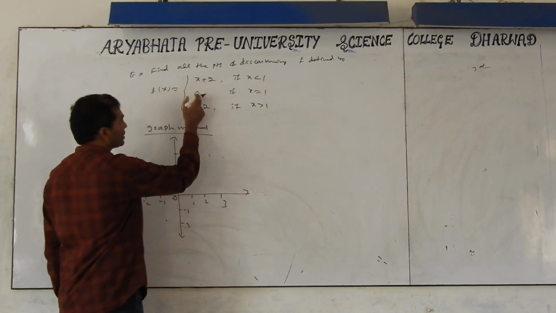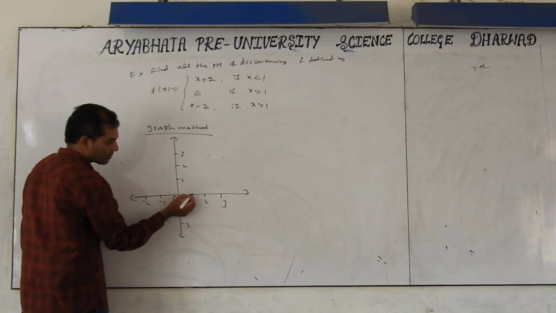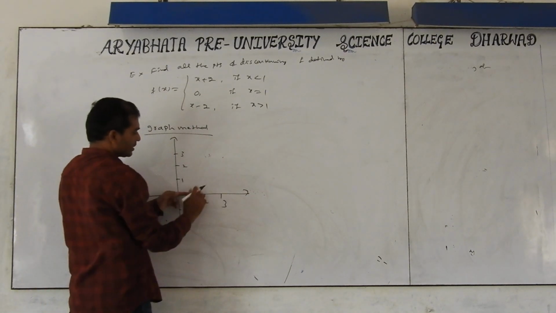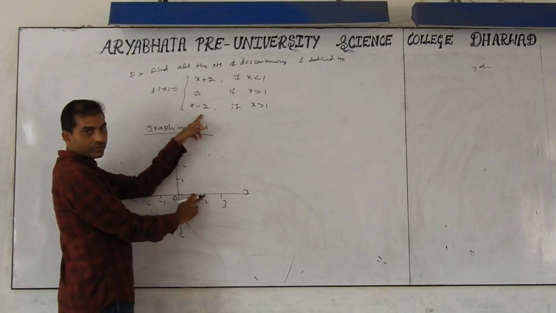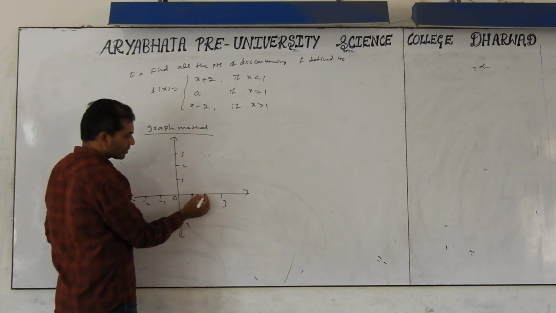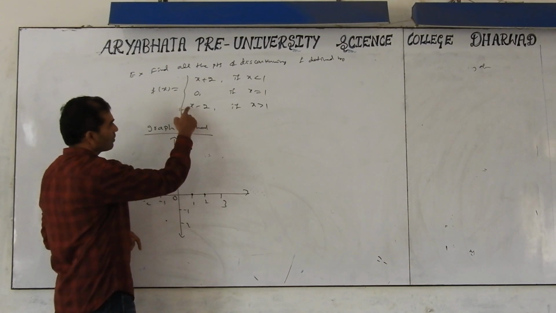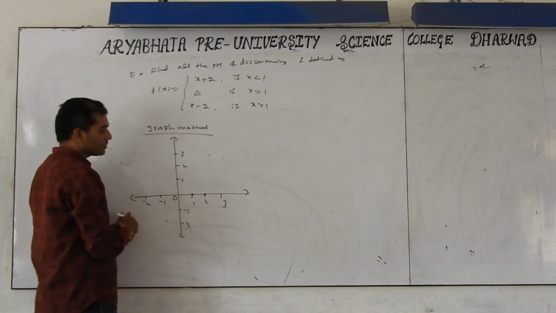F of 1 is 0. This is the point. Plot this point. Next, above 1 comes under this rule. If you take 2, put x equal to 2 here, 2 minus 2 is 0. Right? If you take 1.1, it is 1.1 minus 2.